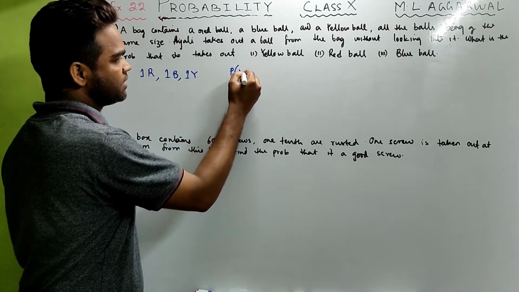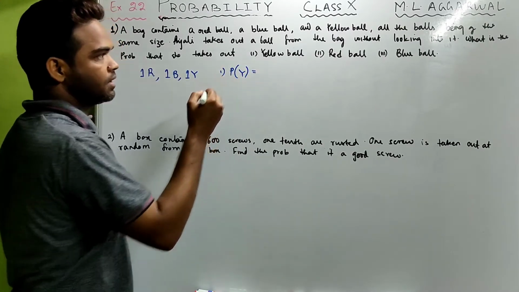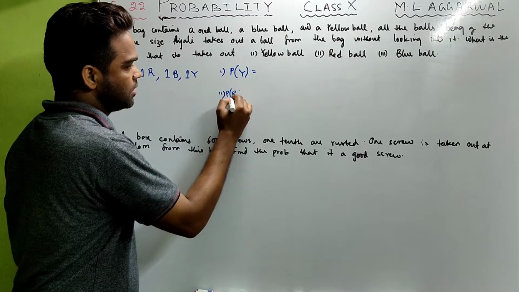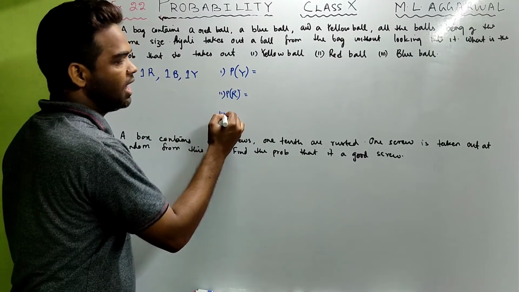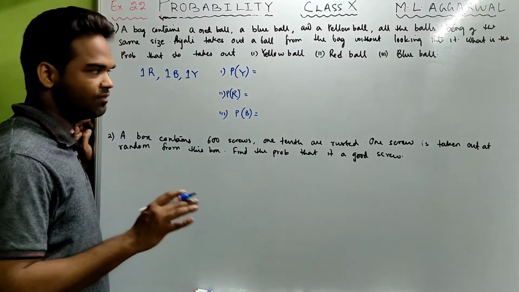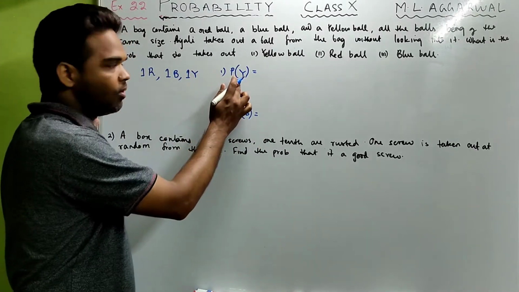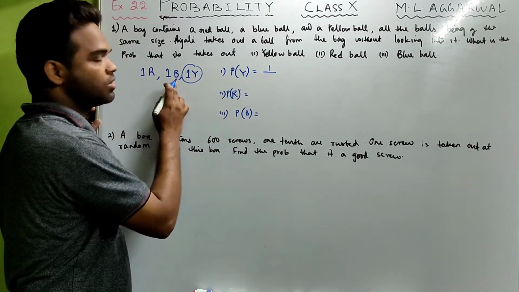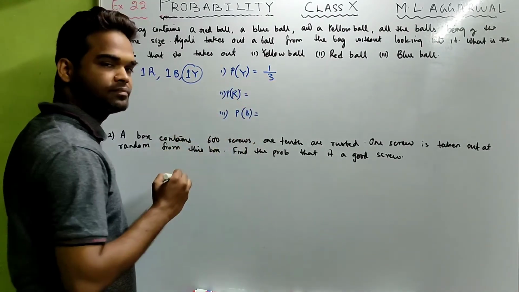So probability of taking out a yellow ball, a red ball, and a blue ball. Very simple. When you take out a yellow ball, one favorable outcome and total number of outcomes is 3.